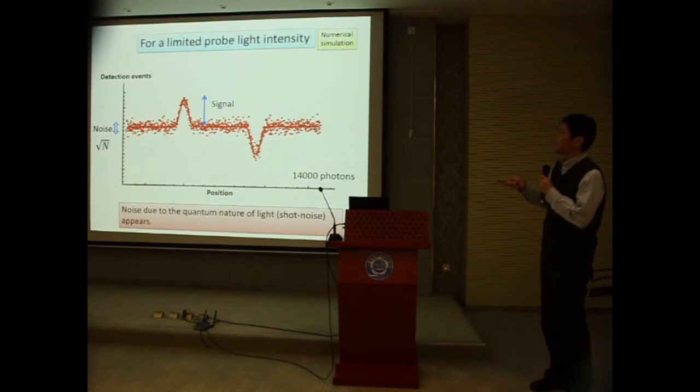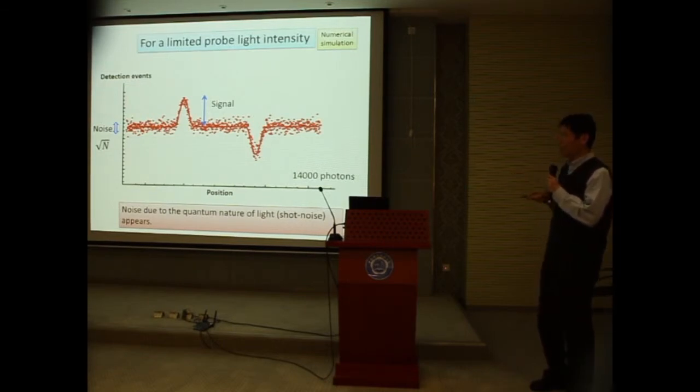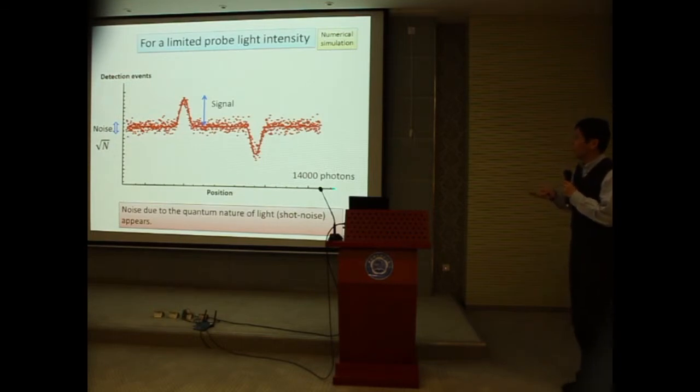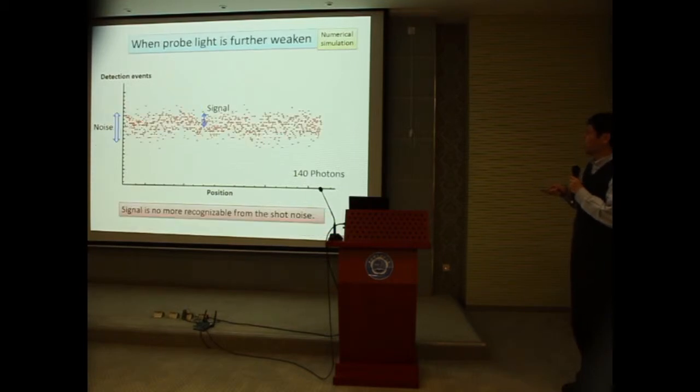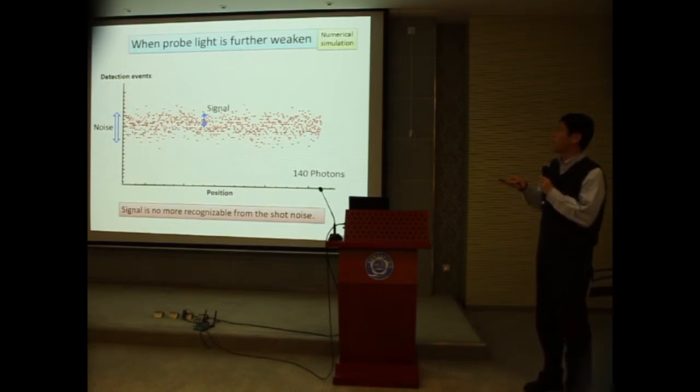However, due to the shot noise, or statistical fluctuation of photon numbers, you observe this sort of noise, right? And when the number of photons for each point is reduced to, for example, 140, then now you are not able to see the signal in this noise, right? So this is the limit.